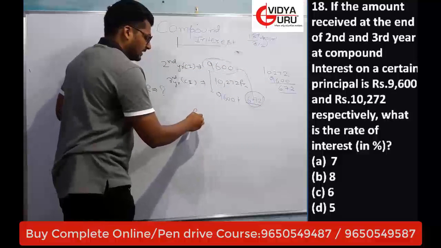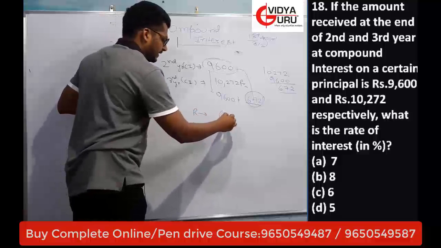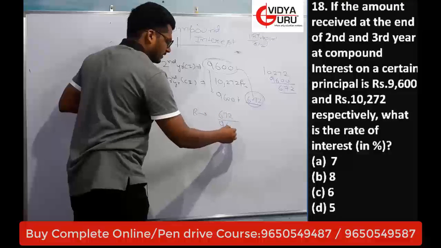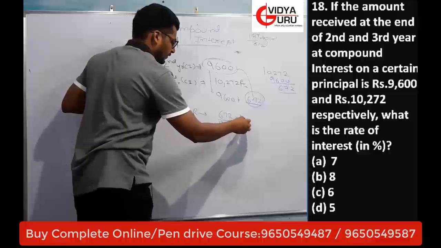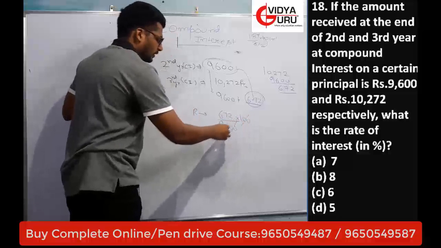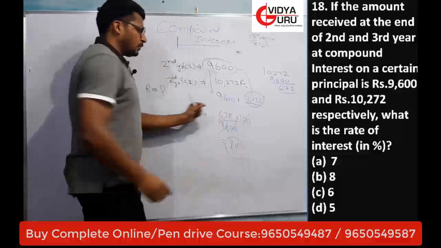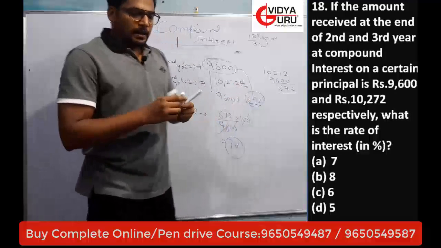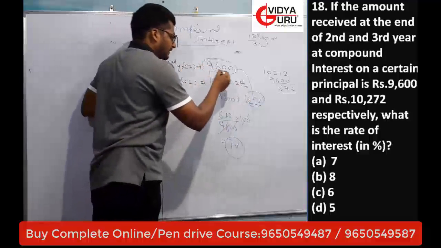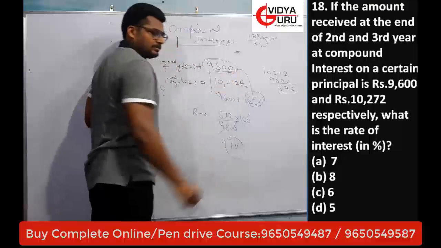So what will be the rate? 672 interest I have received on 9600, into 100. It will be nothing but 7%. I will explain one more time. Till second year I have received 9600 interest.